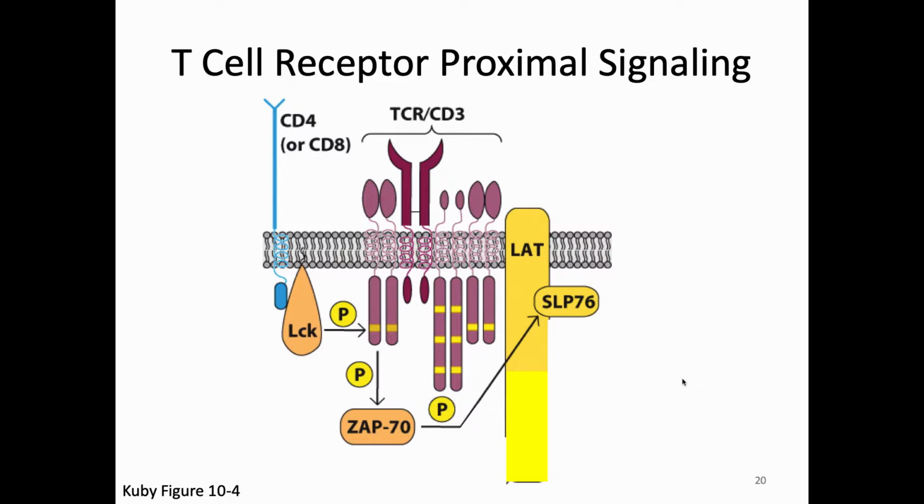They are largely binding sites where other things can come together. Every so often you'll hear people call them scaffold proteins, where they're just proteins where a whole bunch of other proteins can come and bind and assemble. That's why I point out that LAT is called the linker for activated T cells. It's basically just linking a bunch of other proteins together, acting as a linker protein.